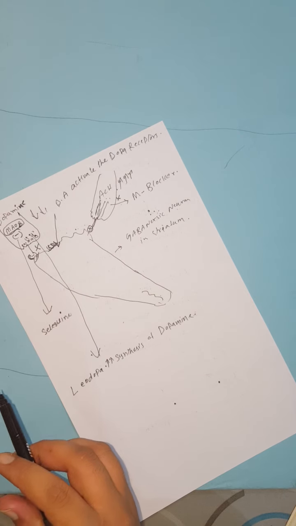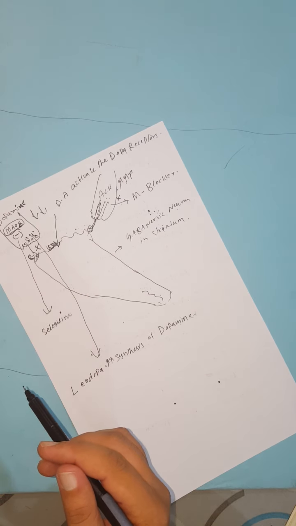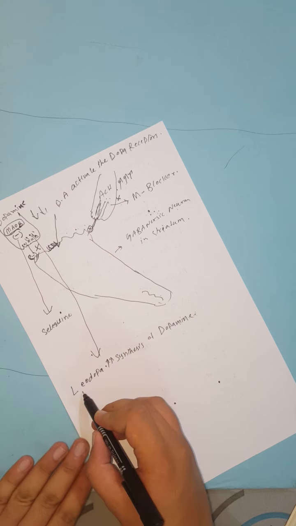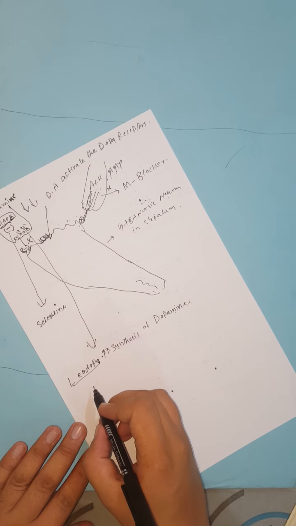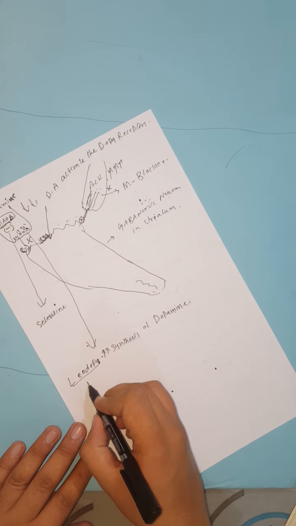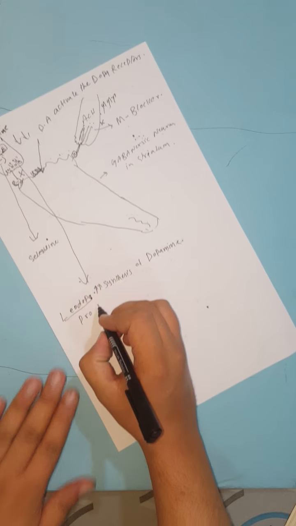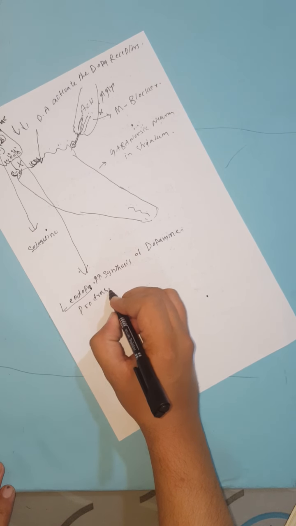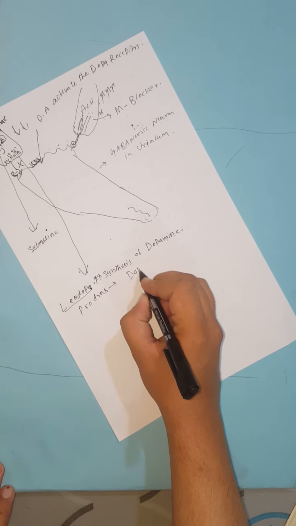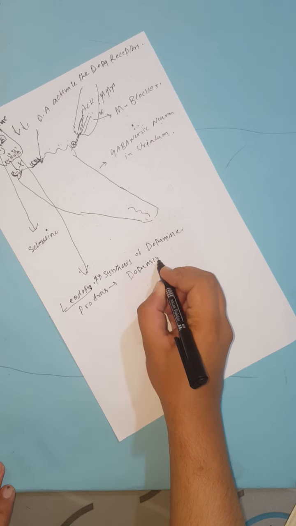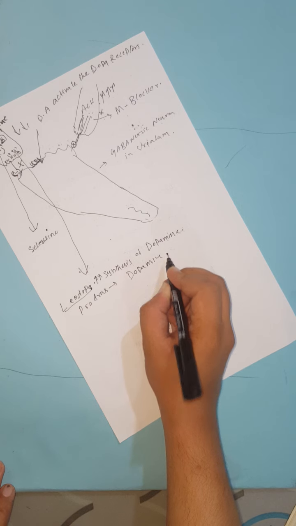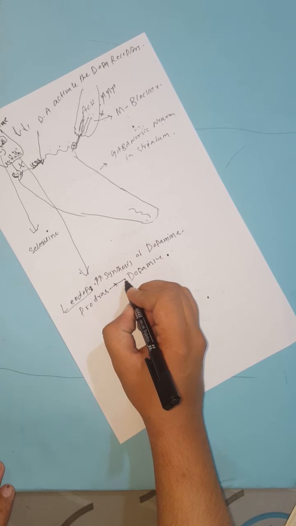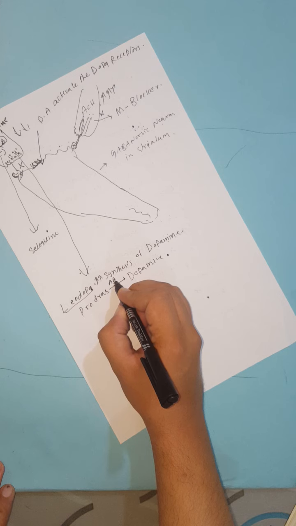We give levodopa. Levodopa is a prodrug, not an active drug, that can be converted into dopamine by the enzyme called aromatic amino acid decarboxylase.